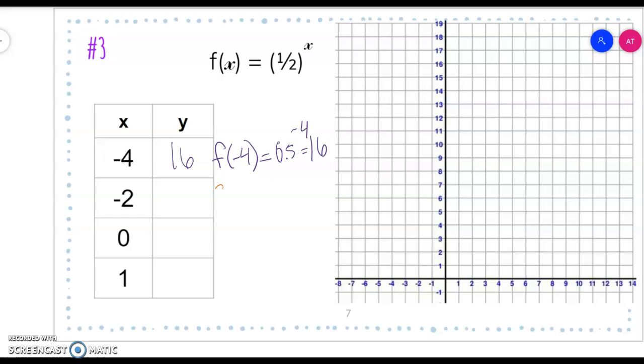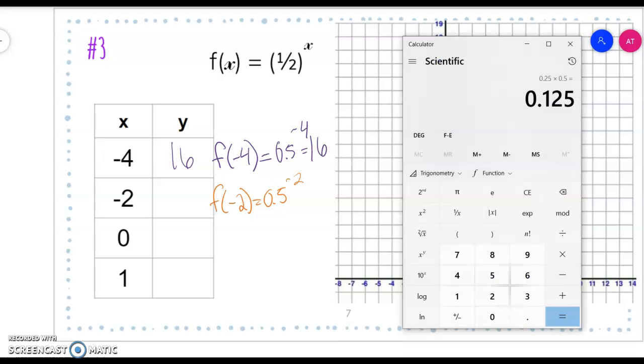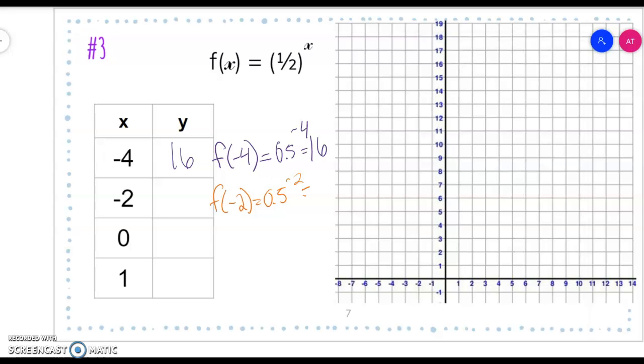Then I'm going to take -2 and put it as the exponent. So let's use our trusty rusty calculator. Sometimes you might need one. So 0.5 to the power of -2 is going to give me 4.